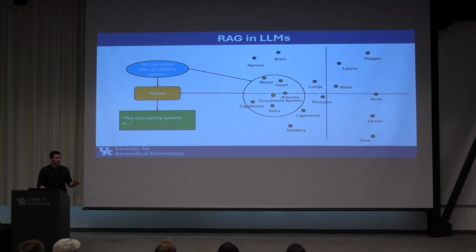Each of these has its own encoding, and I've cast it down to a two-dimensional model because it's actually like 760-something features in most of the embedding models.